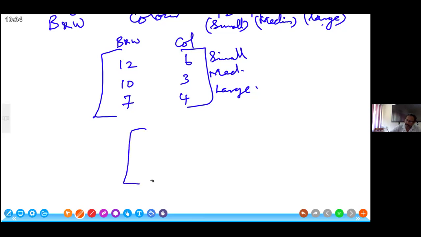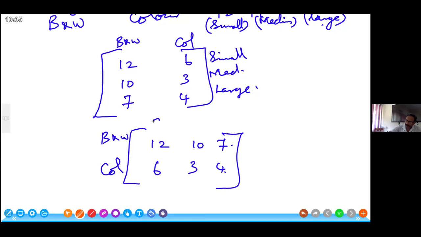So this can be represented slightly differently, right? That is 12, 10, 7, 6, 3, 4. So this is black and white. This is color. So this is small, medium, and large. So we can present it here.